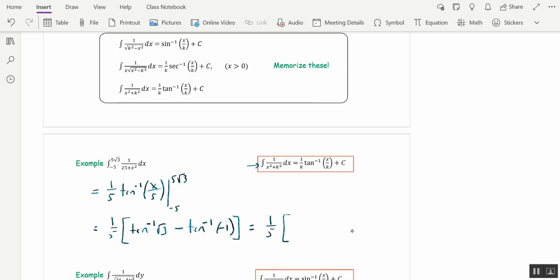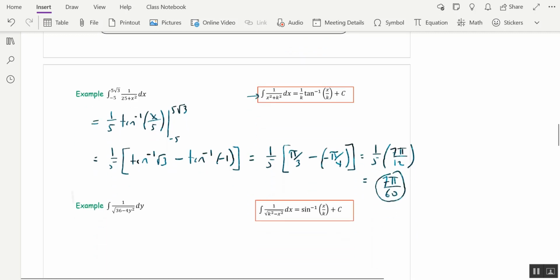Tangent inverse of root 3 is pi over 3. Tangent inverse of -1 is -pi over 4. So if I get a common denominator inside there, that's 7 pi over 12. So my final answer is 7 pi over 60.